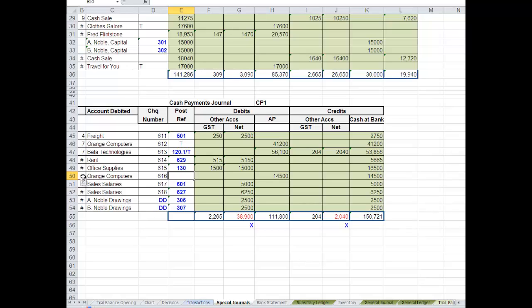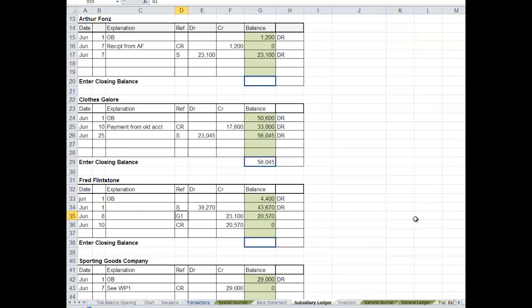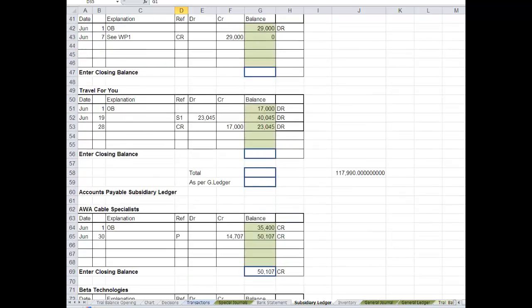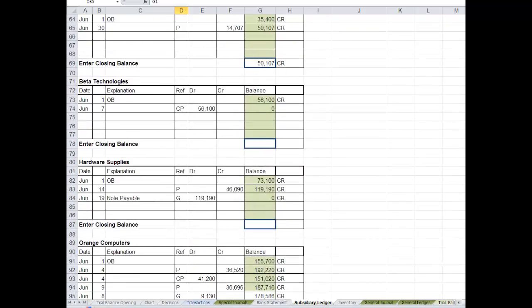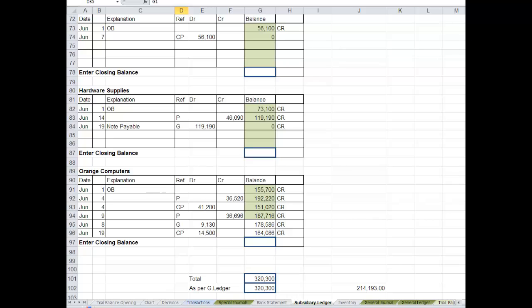What date is this? 19th. Let me have a look to see if I've posted Orange Computers to the subsidiary ledger on the 19th, 14,500. Am I after Orange Computers on the 16th?